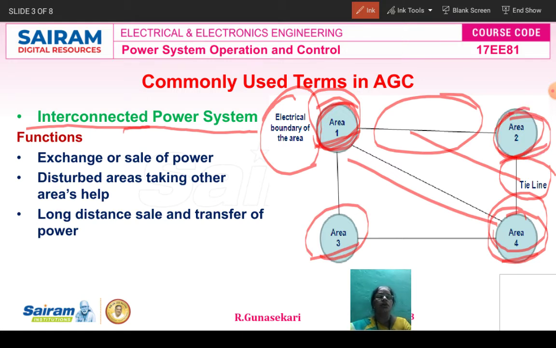Any of the three, because all three are interconnected to area 4. So area 4 can buy or sell power with these three areas. That is long distance sale and transfer of power, one of the functions of the interconnected power system.